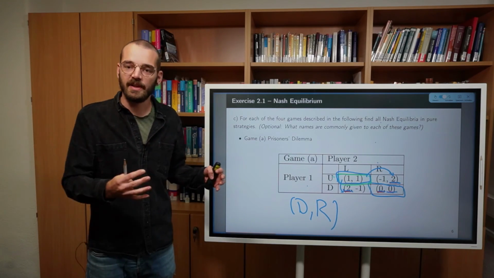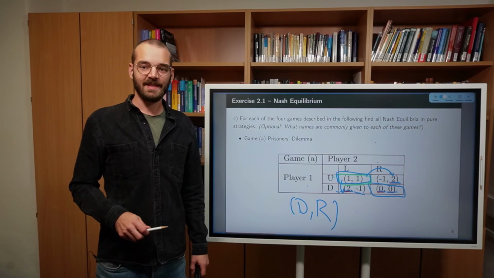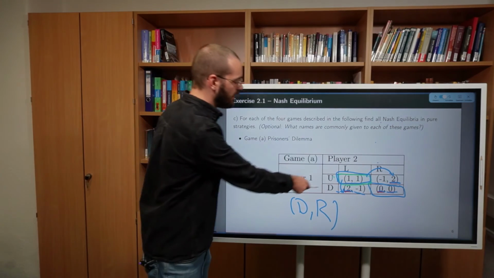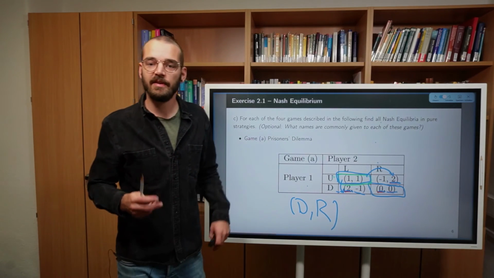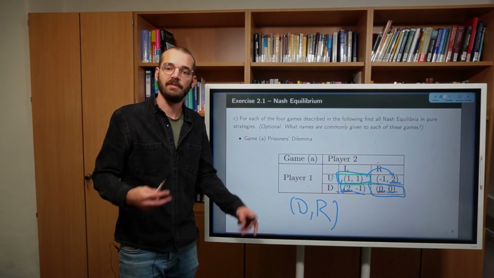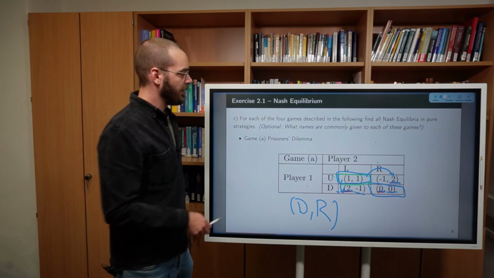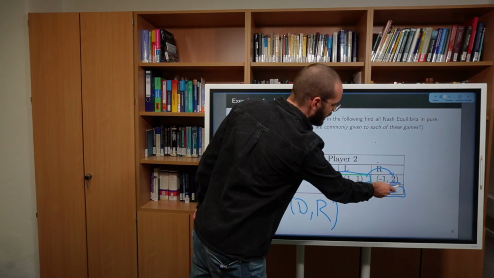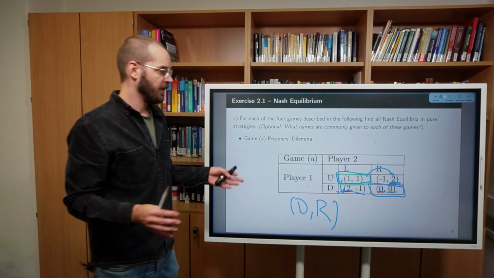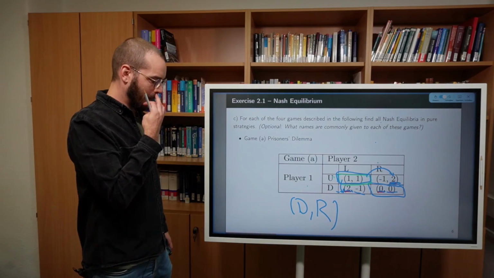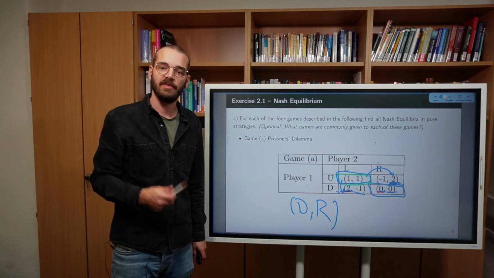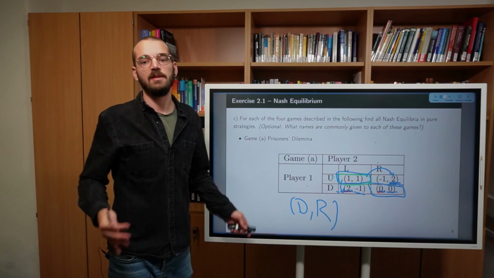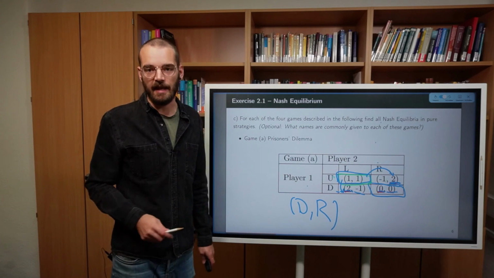punish the other criminal. So this game is called Prisoner's Dilemma because the individual deviation from sticking to the collusive behavior is always profitable for the individual, and therefore both players end up in this Pareto inferior situation, which at the same time is the only Nash equilibrium of this game.